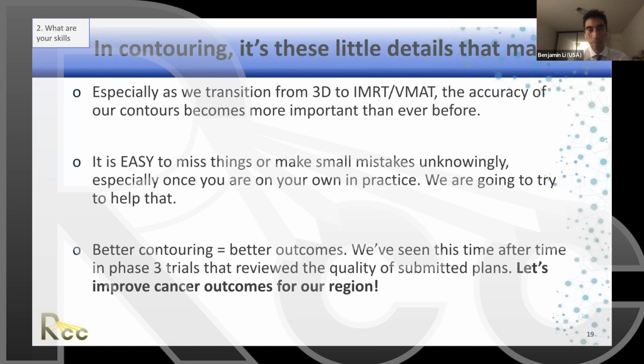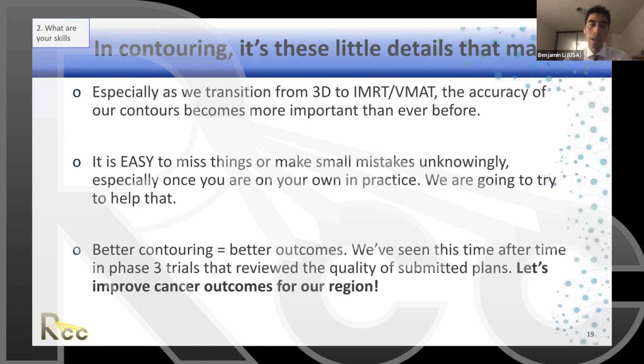I think I'm saying the obvious because we're all radiation oncologists, but these little details really do matter. And especially as we transition from 3D to IMRT and VMAT, the accuracy of our contours becomes more important than ever before. It is very easy to miss things or make small mistakes without even realizing it, especially when you're on your own and you don't have many colleagues around you to provide constant peer review.